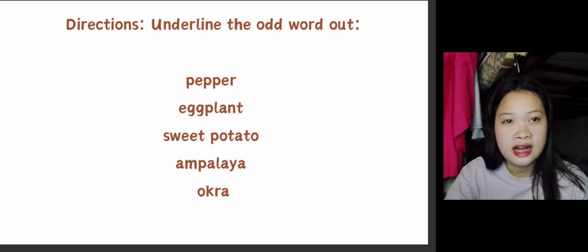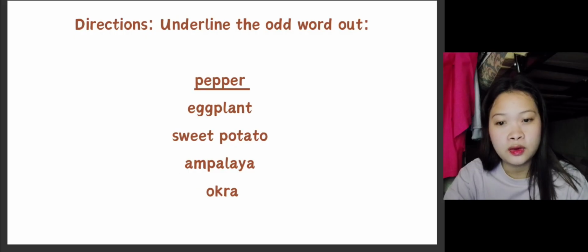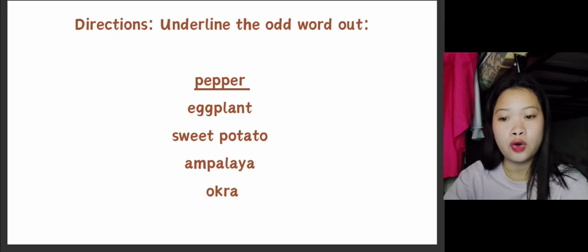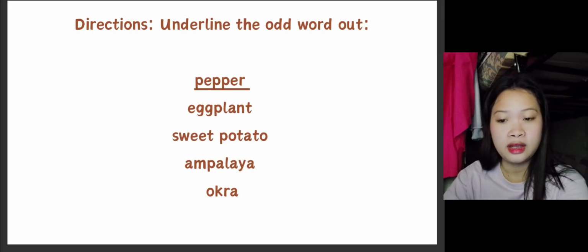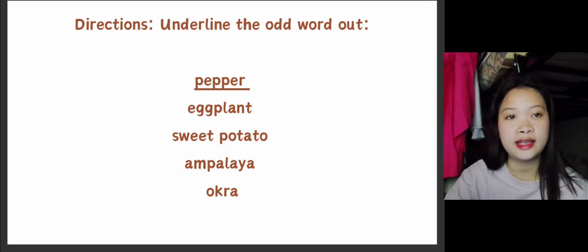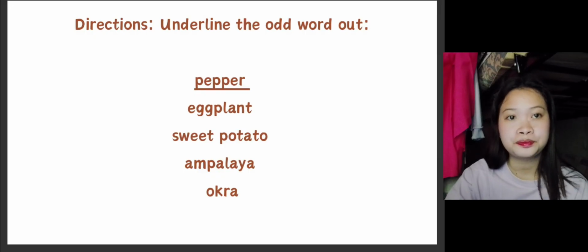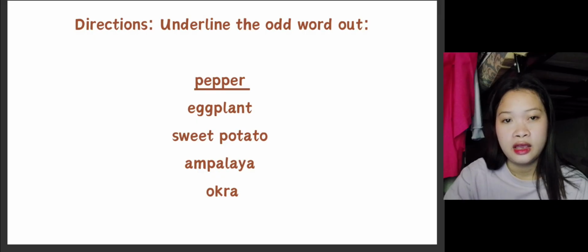So unsa may nalahi sa ilaha? Ang pepper, 'di ba? So kabalo naman ang bata na may knowledge ang bata about ani nga mga other words na kani sila mga gulay ni sila. So makabalo jud sila nga ang odd one dira is ang pepper. Okay, so isa po na siya sa test, vocabulary recognition test na pwede nato ihatag, finding the odd one out. Okay, dali na kayo na siya, guys.